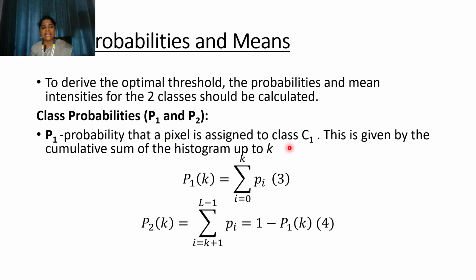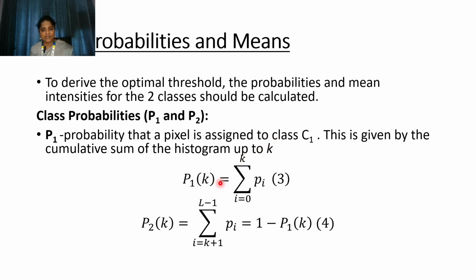So how will we calculate this class probability? We are going to use the cumulative sum of the histogram. When we are calculating the probability of class C1, the histogram is going up to k, because class C1 consists only of those pixels whose intensity varies between 0 and k. So we are going to take the cumulative sum of the histogram only up to k.